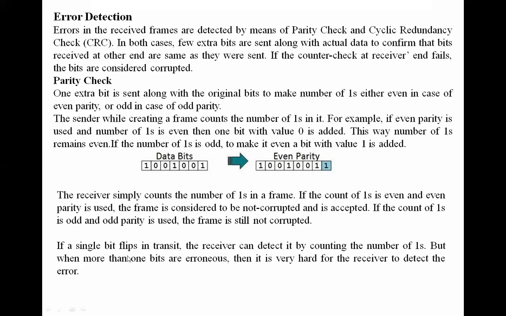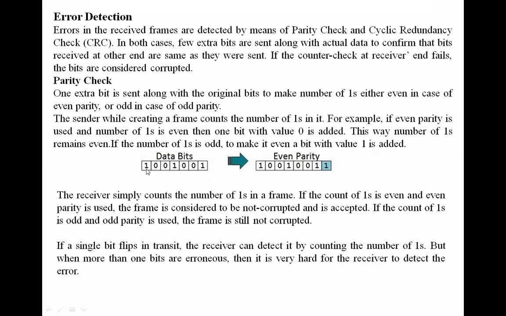If a single bit flips in transit, the receiver can detect it by counting the number of ones. You have seen how we count the number of ones: 1 1 1 is 3, which is odd, so you add 1 to make it even.